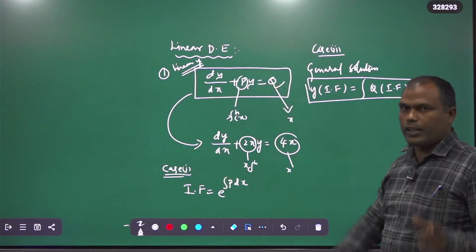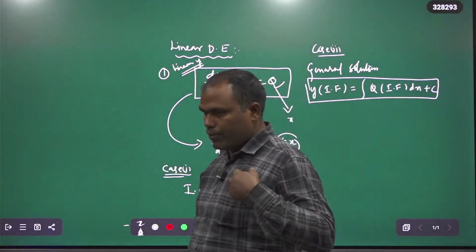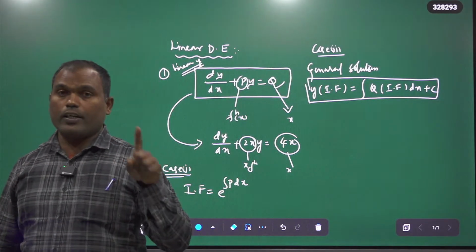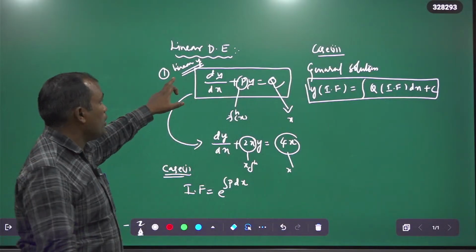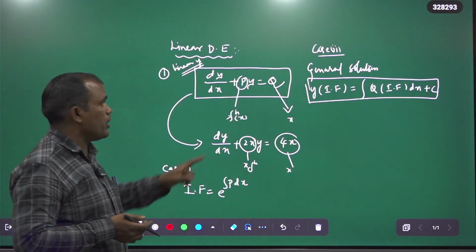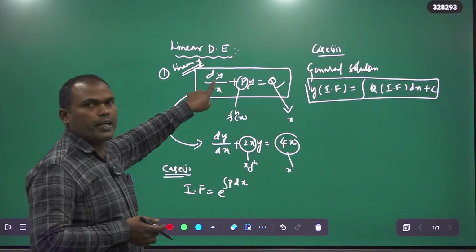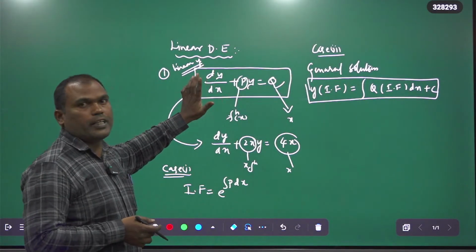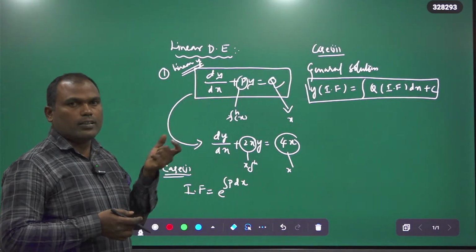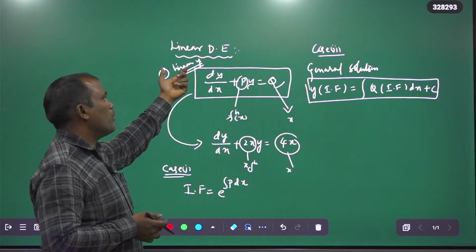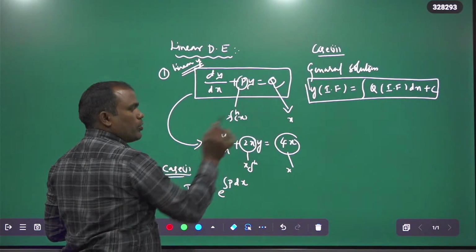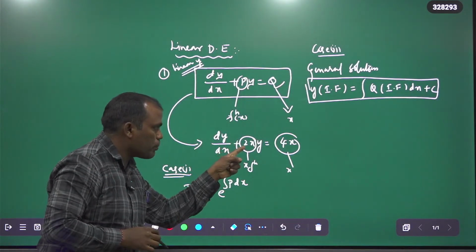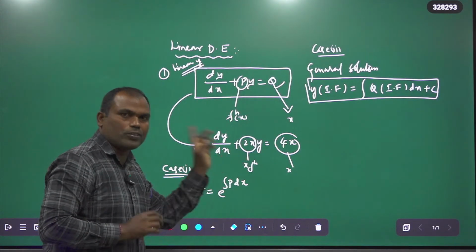In linear differential equations we have two: one is linear in y and one more is linear in x. Linear in y, how can you identify it? Just dy by dx. Where dy by dx is there, that is called linear in y, where p and q are functions of x or constants. See, observe here, p is an x function with constants only.